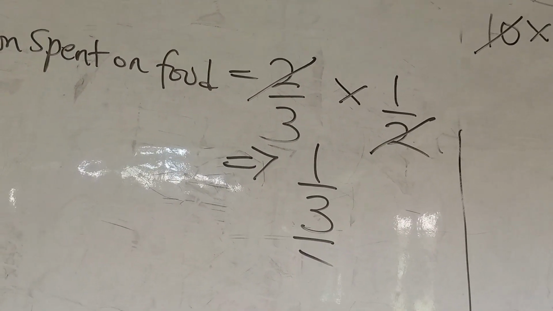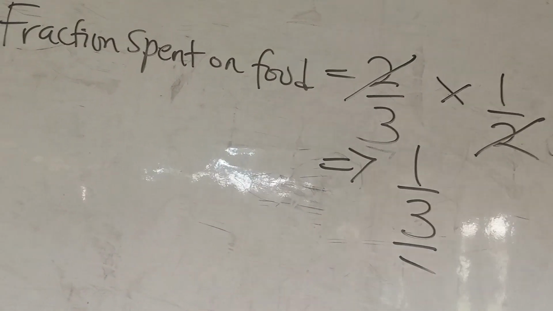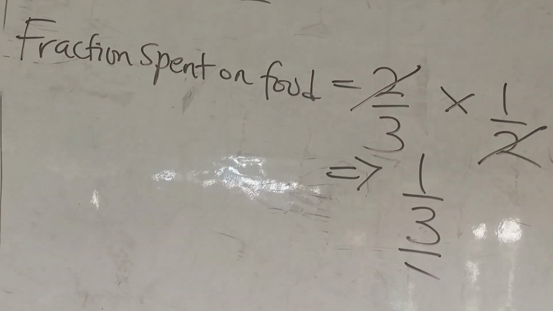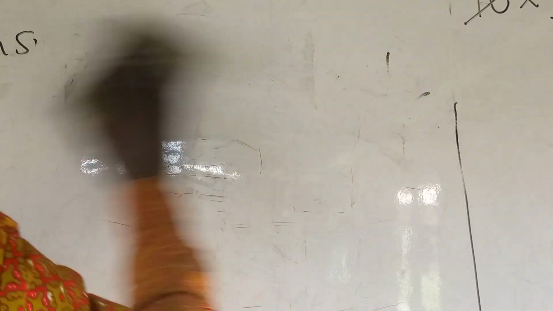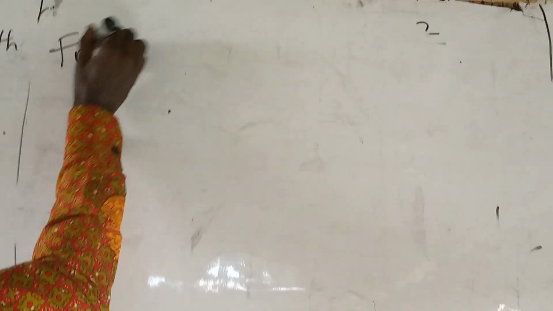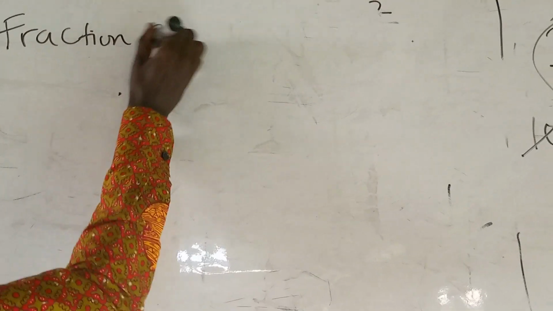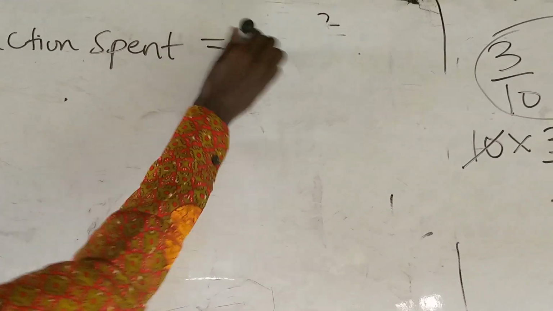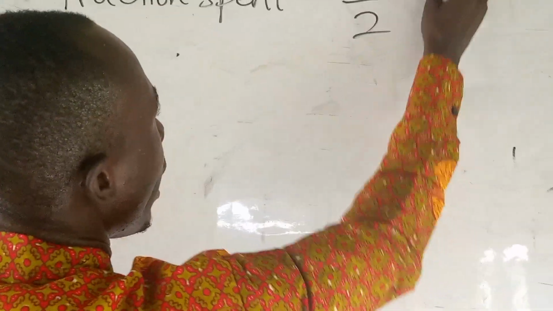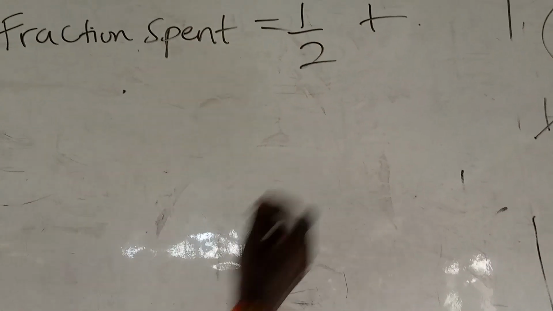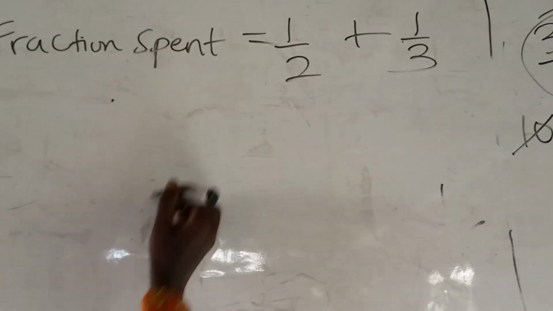And our fraction spent on rent too is what? Half. So for us to get our total fraction spent, it becomes the fraction spent on rent, which is 1 over 2, plus the fraction spent on food, 1 over 3.